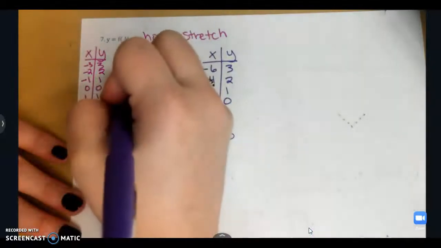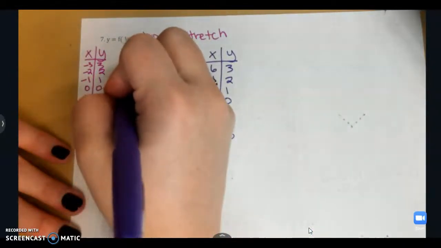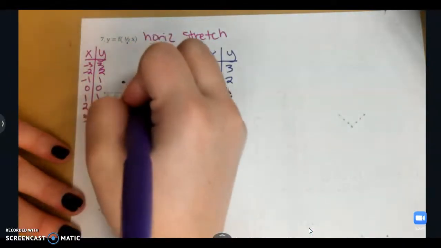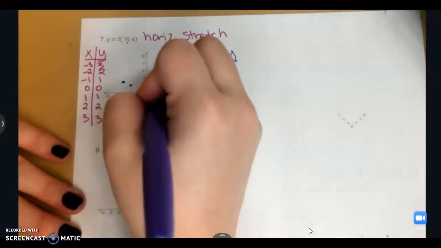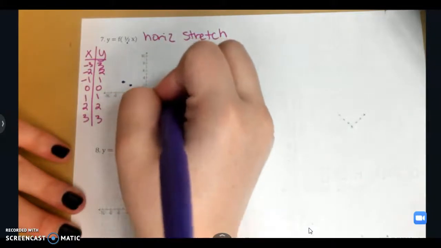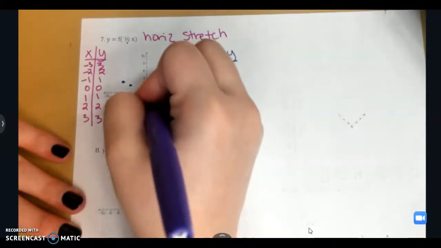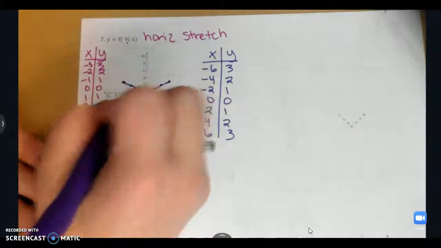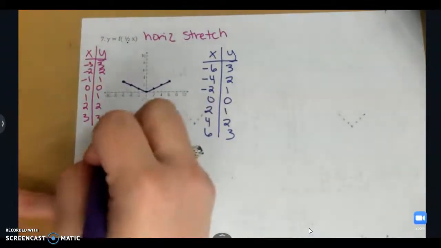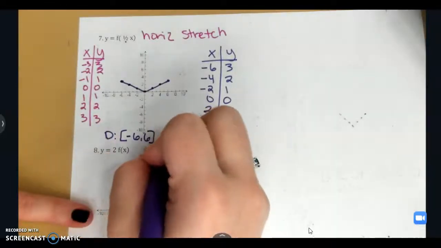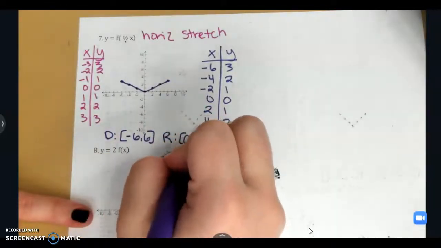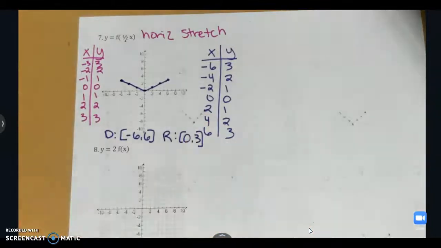And we'll plot those new points. So we stretched it horizontally. So my new domain is from negative 6 to positive 6, and my range stayed the same. So horizontal stretches and shrinks affect the domain, and our range stays the same.